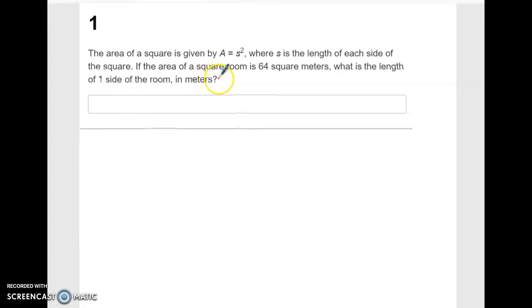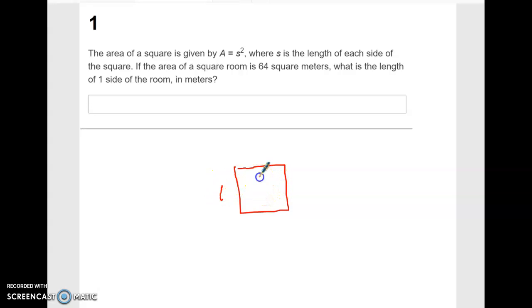Number 1. The area of a square is given by A equals S squared, where S is the length of each side of the square. If the area of a square room is 64 square meters, what is the length of one side of the room? When you have a square, all your sides are equal, and in order to find the area, you take the length squared.